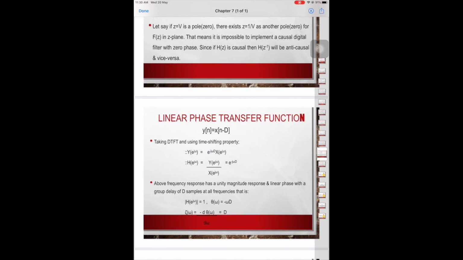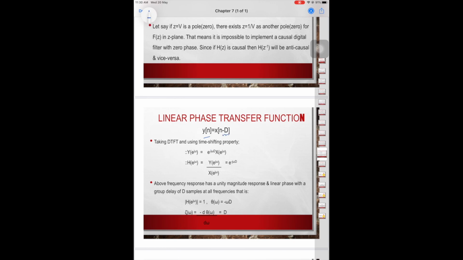So next we move to the linear phase transfer function. If you still remember, for linear phase, for example, y[n] equal to x[n] minus d. By taking the DTFT of y[n] and applying the time shifting property, we have Y(e^jω) coming from the DTFT of y[n].